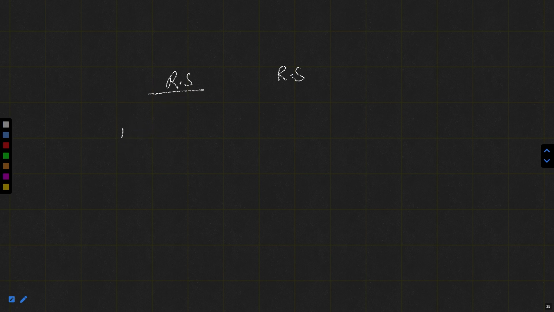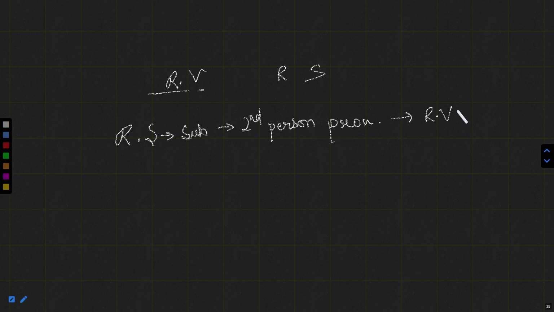Whenever the reported speech subject is the second person pronoun, meaning you, we go to the reporting verb and see its objective case, and according to its objective case, we write the subject of the indirect speech sentence.